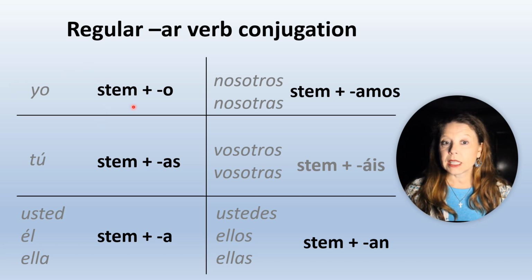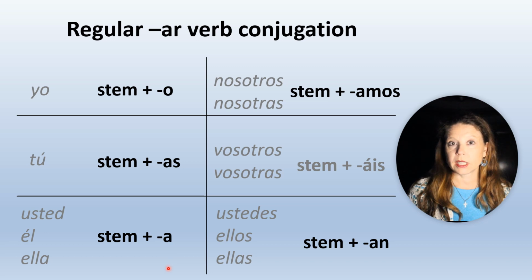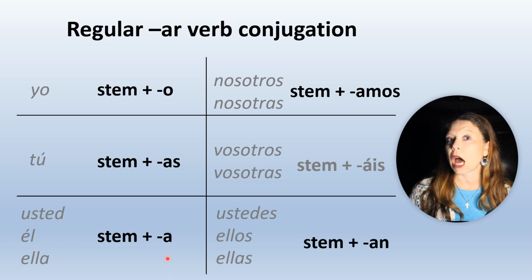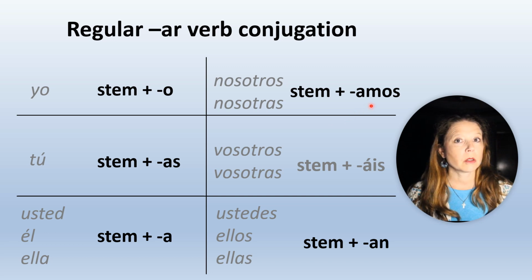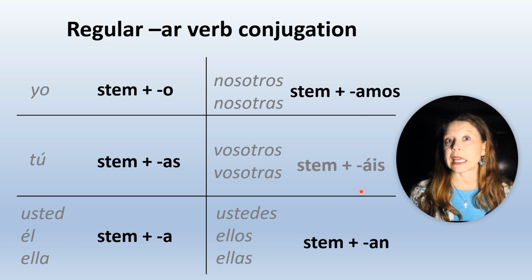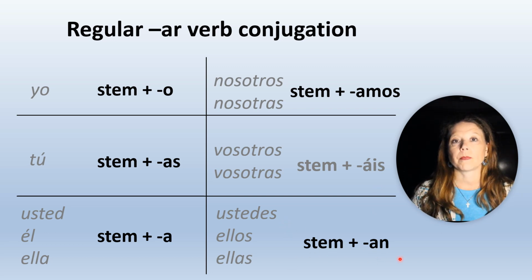We simply take the stem, we take off the AR, and for yo, we add o. For tú, we add as. Usted, él, and ella, we add a. Nosotros, we add amos. Vosotros, we add áis, which is always accented on the a. And for ustedes, ellos, ellas, we add an.